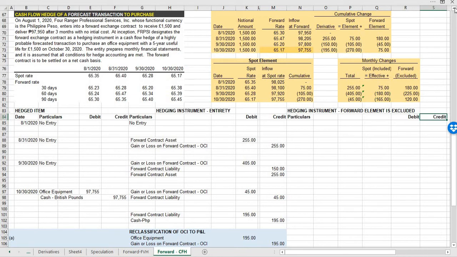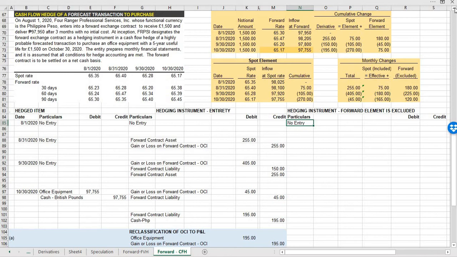Since ang ating settlement is net cash settlement, so ang ating journal entry will only pertain to the changes in the exchange rates. And since August 1 is the date of inception, wala pa tayong change in the exchange rates, kaya wala pa tayong journal entry. But then, meron tayong memorandum entry which describes the terms of the forward contract.